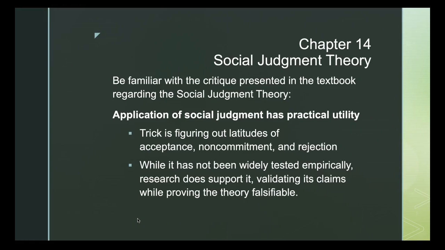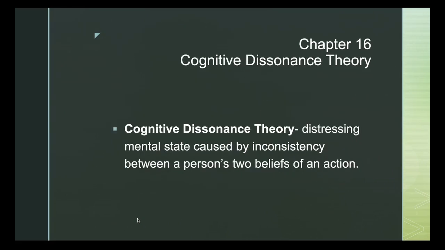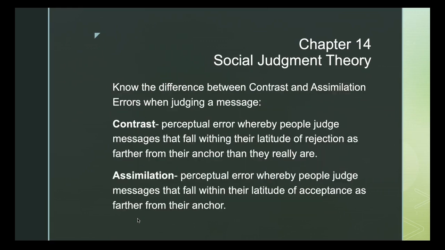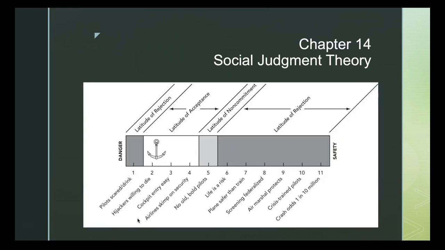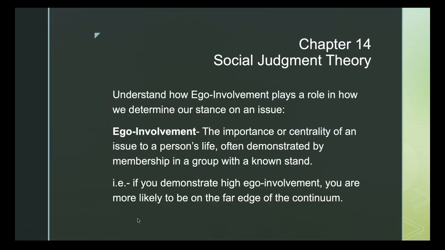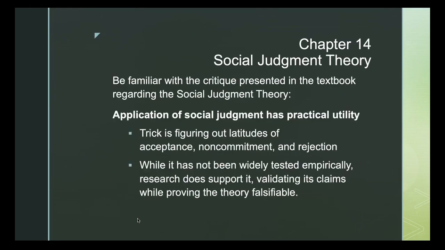So it can be falsifiable, but understanding the trick of figuring out these latitudes is really important in this particular theory. So that's chapter 14. Again, understanding ego involvement, and how it affects the latitude of acceptance, rejection, and non-commitment, is one of the important things to understand with chapter 14.